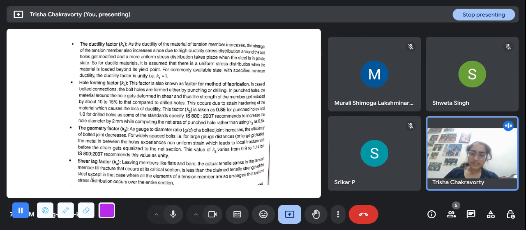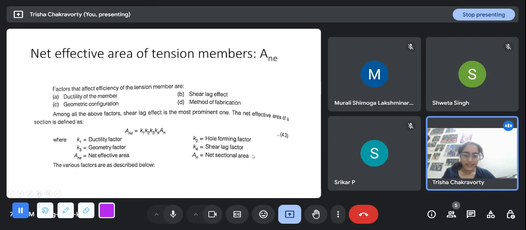As some of the standards specify, IS 800 2007 recommends increasing the hole diameter by 2 mm while computing the net area of the punched hole, rather than using K2 equal to 0.85. In the formula, it was b minus n into d naught into t.